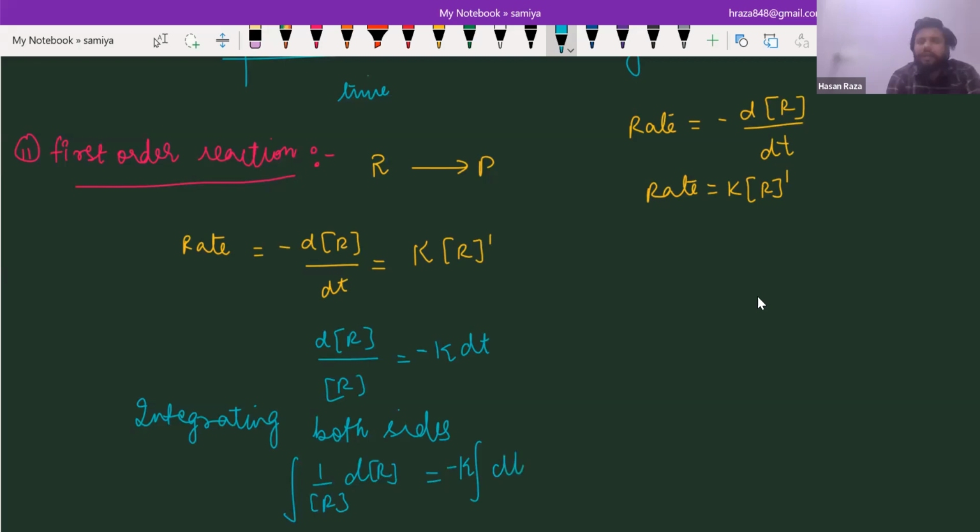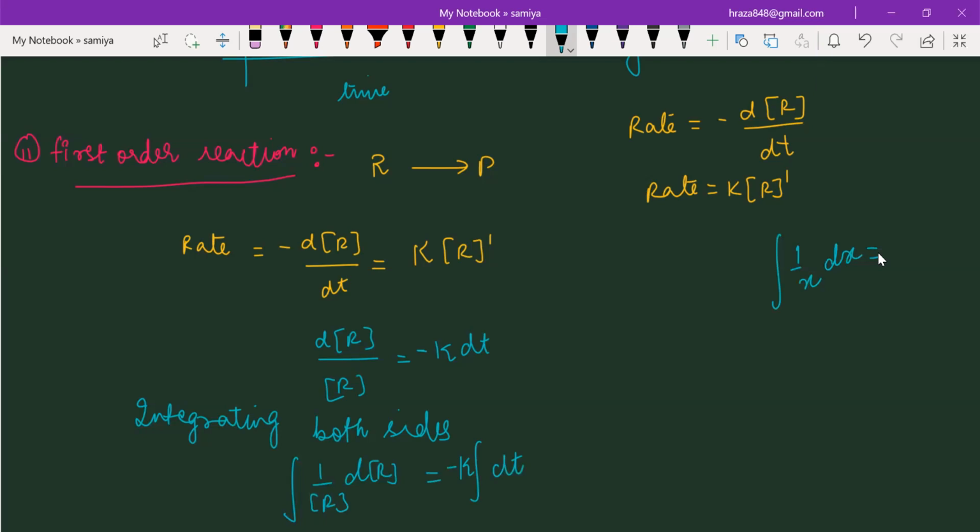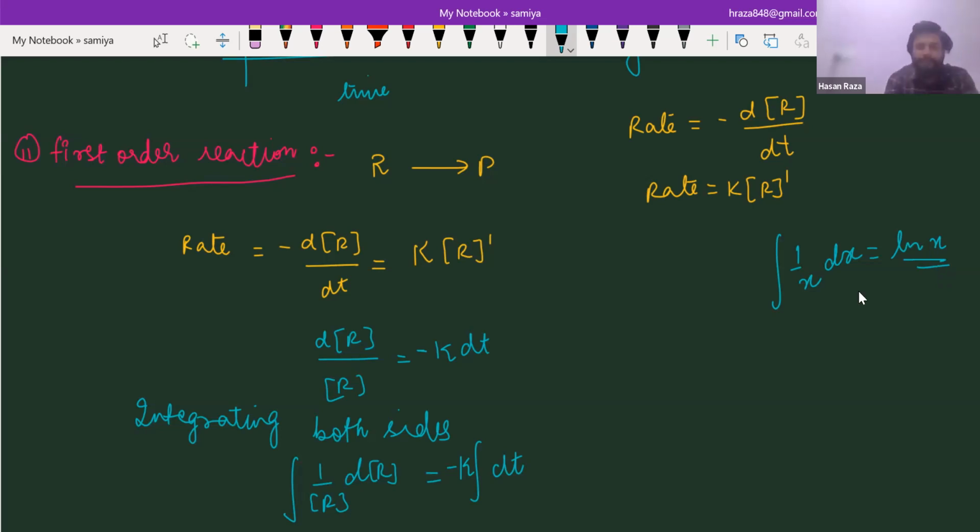Can anyone tell me what is the integration of 1 by x dx? Yes, ln x, right? Not log x, that will be 2.303 log x. Is that clear, everyone?